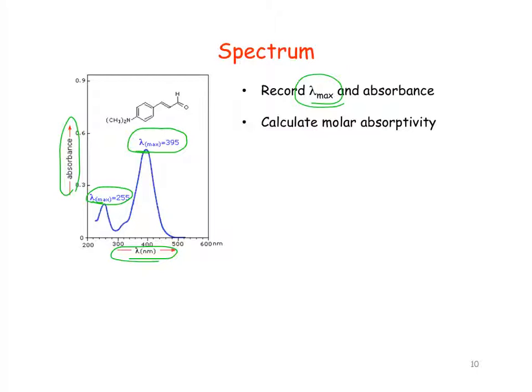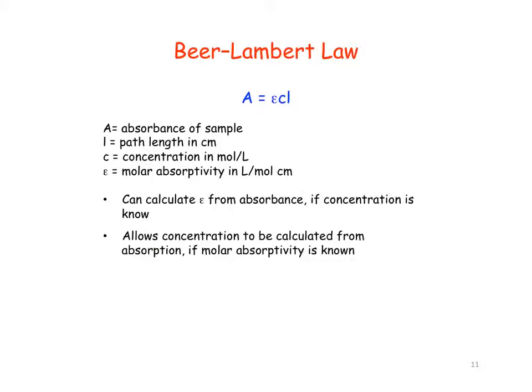And then we also have what we call the molar absorptivity. I'm going to show you what that is on the next slide. The molar absorptivity comes from this equation called the Beer-Lambert Law.